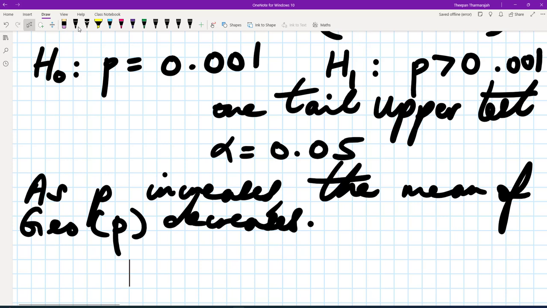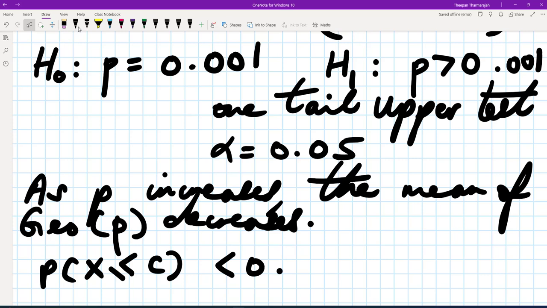Therefore, what we want is the probability of our observed value to be less than or equal to some critical value c, and this must be strictly less than 0.05. It's got to be strictly less than 0.05, otherwise we wouldn't be able to reject the null hypothesis.